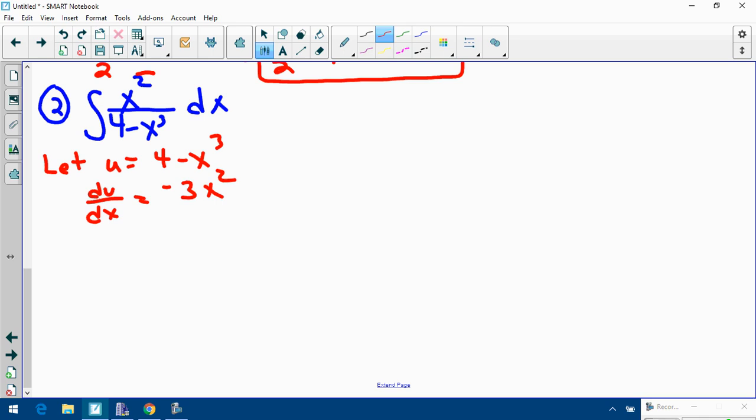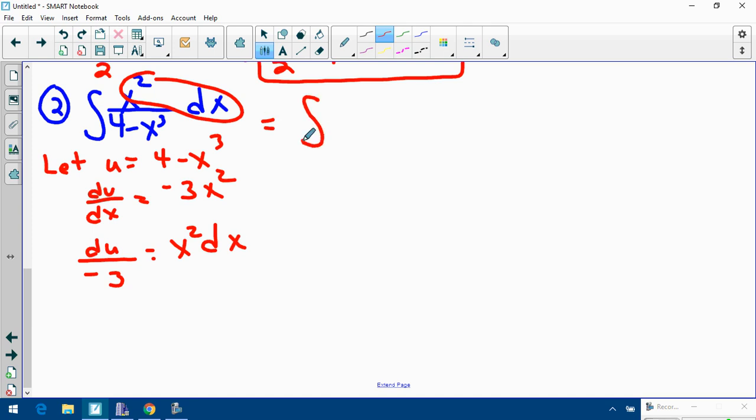I'm looking to solve for x squared dx. So can you see that if I get du divided by negative 3 equals x squared dx, is it okay if I skip a step like that? So I divide the negative 3 over, at the same time I multiply by dx. There's that x squared dx that I need. So this integral becomes 1 over u, and x squared dx is times du over negative 3.